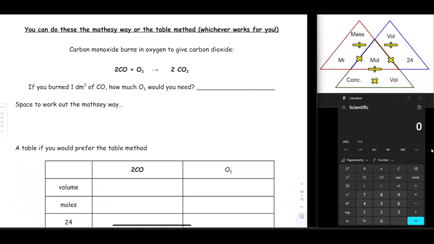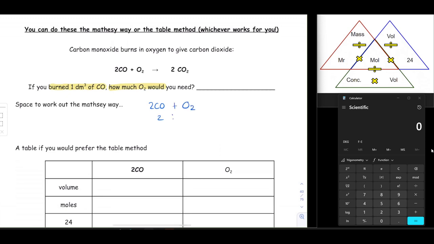So, carbon monoxide burns in oxygen to give carbon dioxide. If I burned 1 decimeter cubed of carbon monoxide, how much oxygen would I need? So the mathsy way, I would use my molar ratio, and I would say I have 2 moles of carbon monoxide for every 1 mole of oxygen.